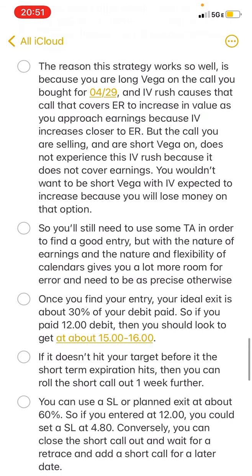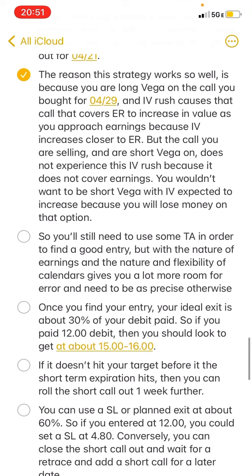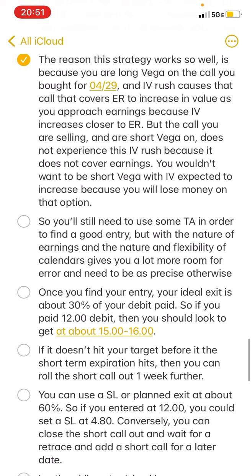So the reason this strategy works so well is because you are long vega on the call you bought for 429, and the IV rush causes that call that covers ER to increase in value as you approach earnings, because IV increases the closer you get to the earnings report, okay? But the call you're selling and you're short vega on does not experience this IV rush because it does not cover earnings, okay?